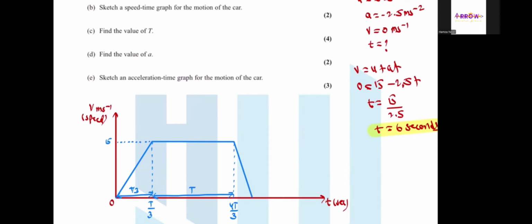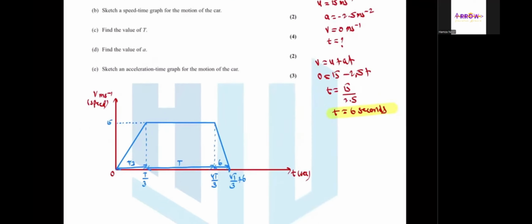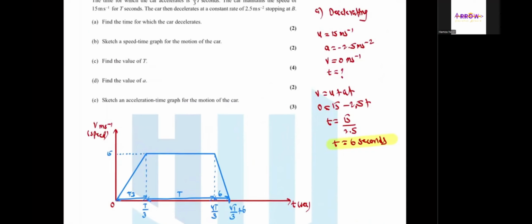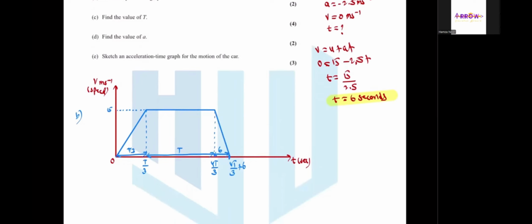So when the journey is ending, the total duration is 4t over 3 plus 6, which obviously implies that the duration is 6 seconds over here in the deceleration part of the journey. Okay, so in part C you will be able to verify what I'm trying to say. Otherwise you can just leave this last stage of the journey right now, and first you attempt part C.